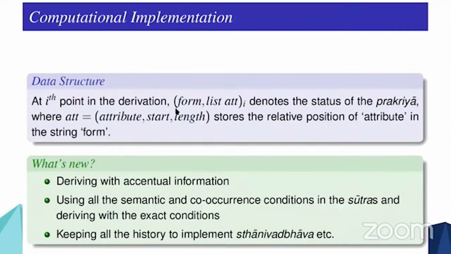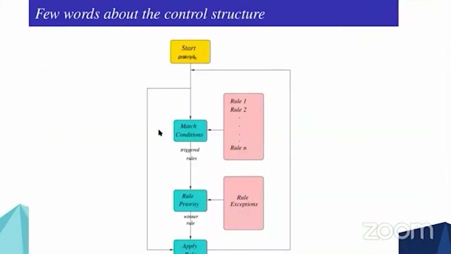For each rule, we preserved the attribute for a particular position in the form, that is, the start and end of the form where the attribute applies. The structure was very similar to what I showed: you have an initial prakriya, a set of rules, you match conditions, find triggered rules, and then find out which one should be given priority.